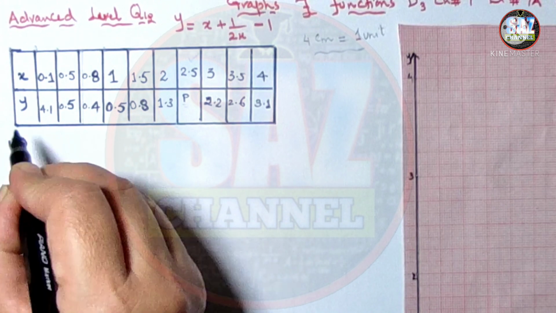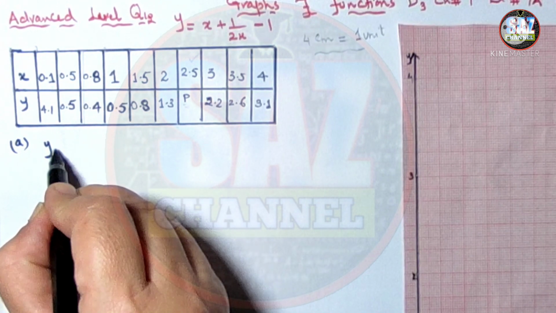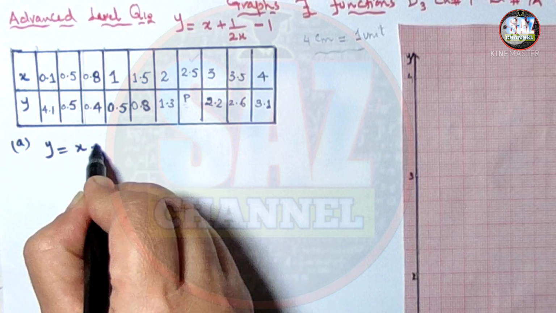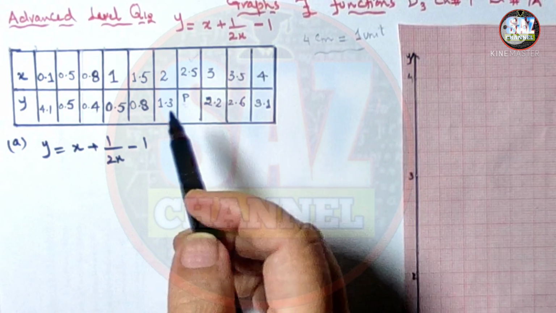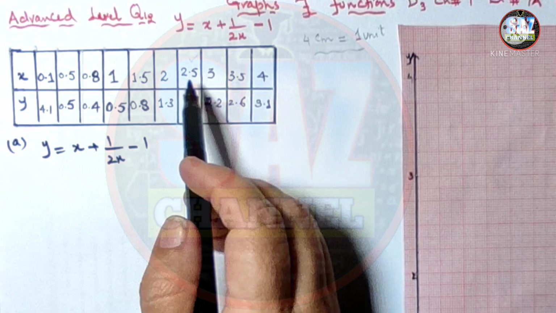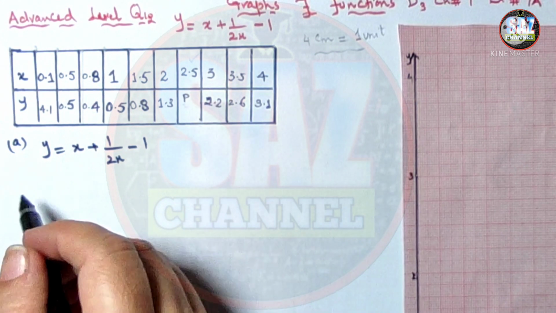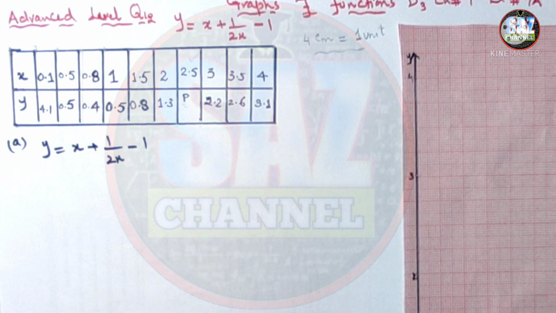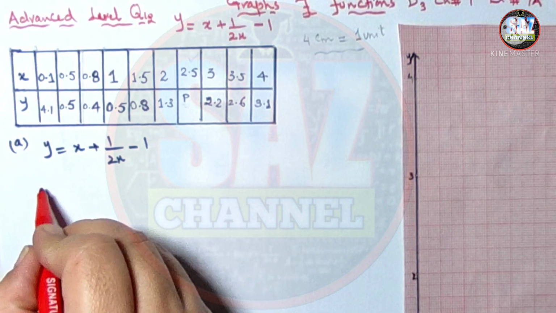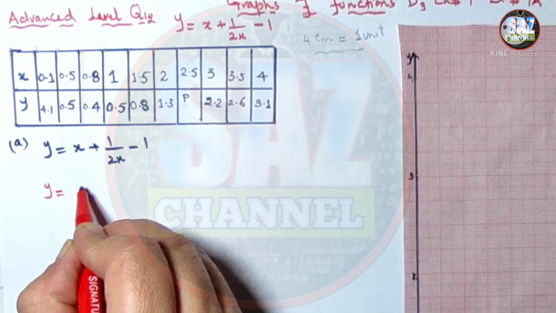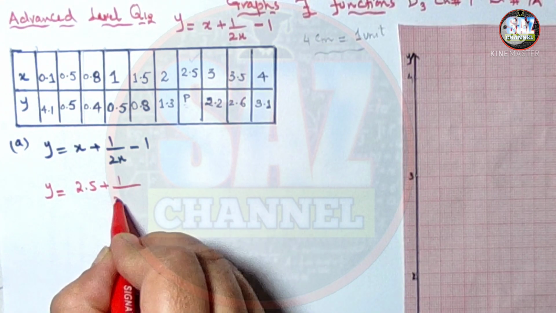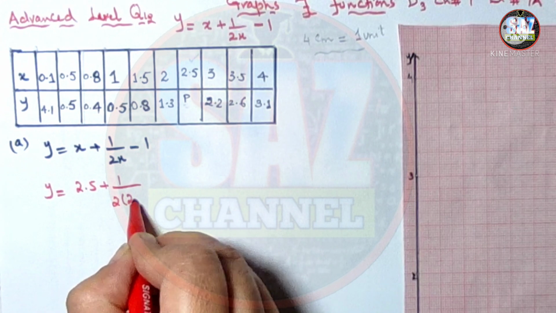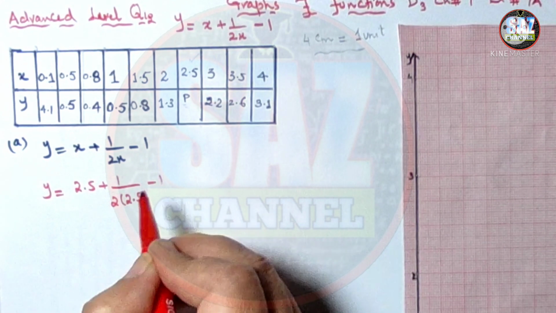For part A, the given function is x plus 1 over 2x minus 1, and the value of x when y is p is 2.5. So I will be replacing x by 2.5. This becomes 2.5 plus 1 over 2 into 2.5 minus 1.